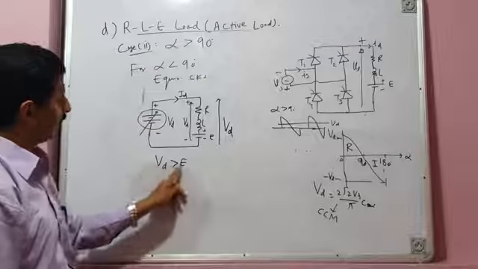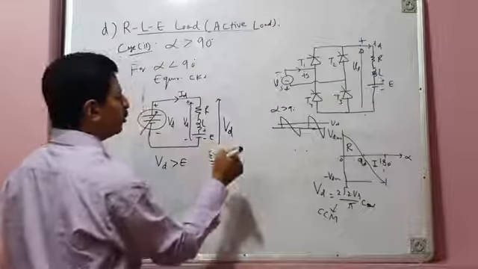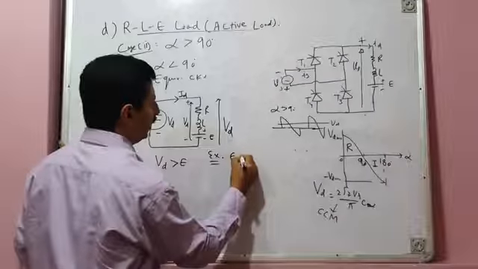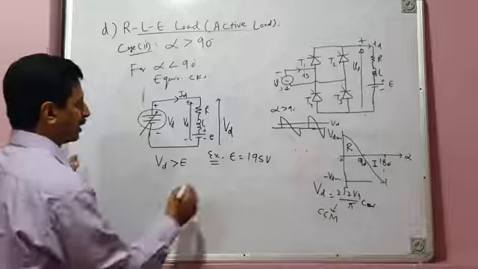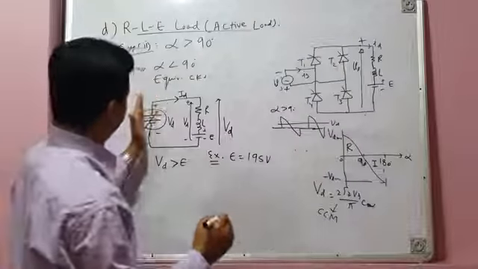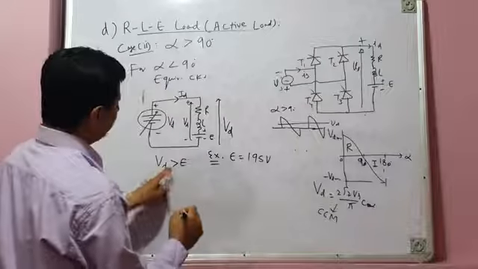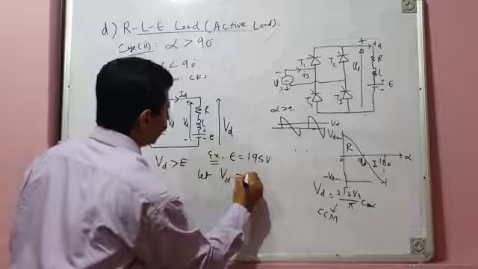So VD has to be slightly greater than E. For example, if this RLE load is your DC motor and E is its back EMF, let us assume E is 195 volts. In order to push the current and make power flow from source to load, VD should be greater than E. So let VD be equal to 200 volts.